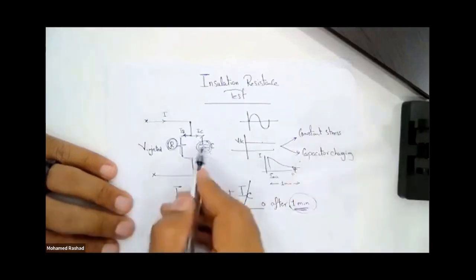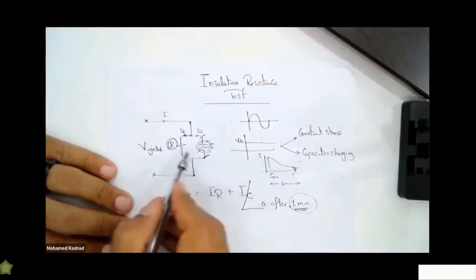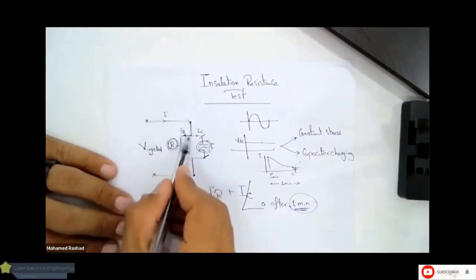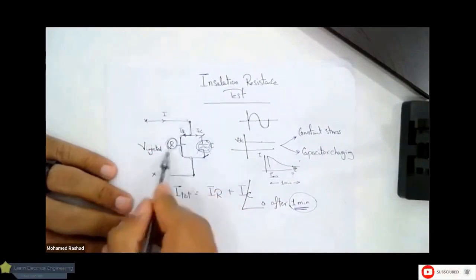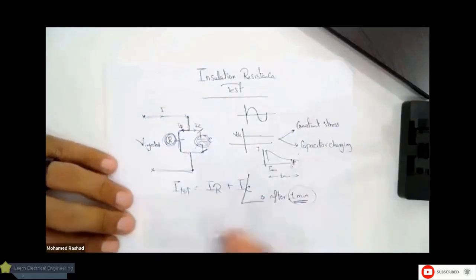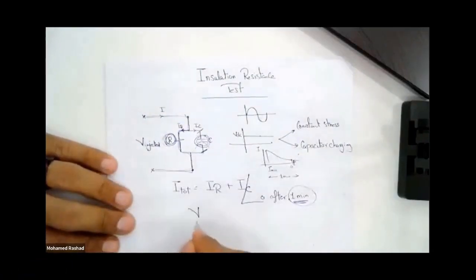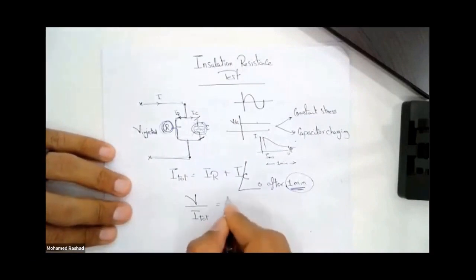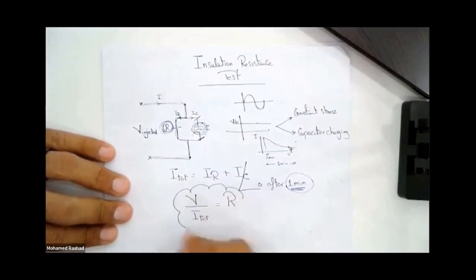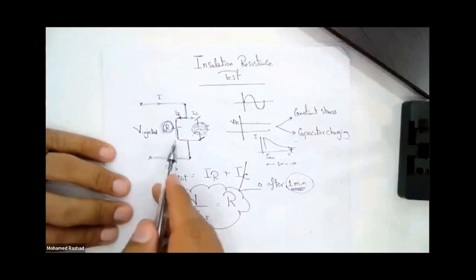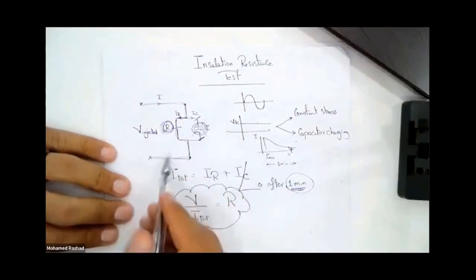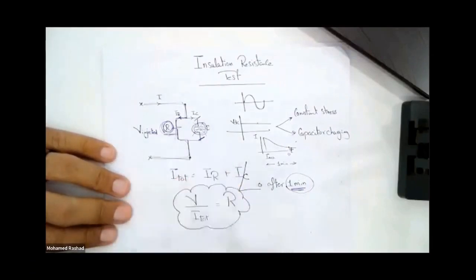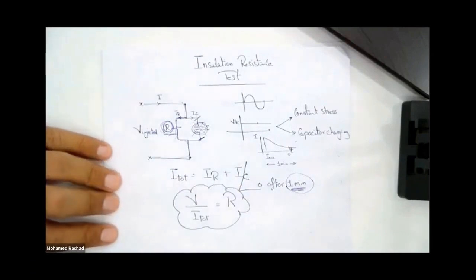When it gets charged, it acts as an open circuit, and therefore the current drawn is the conductive current, or resistive current. Consequently, if you divide the voltage by the value of this total current, you obtain the insulation resistance. That's why they tell you it's a test to measure the insulation resistance. That's what I need to obtain, engineer. Great, engineers, that's exactly what I'm looking for.